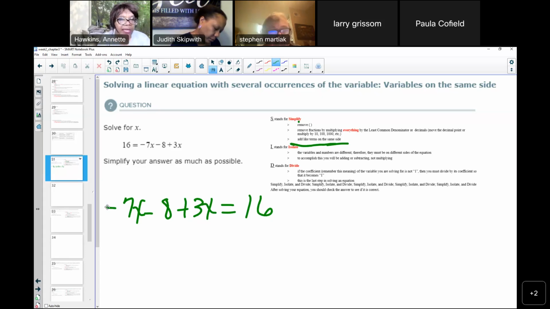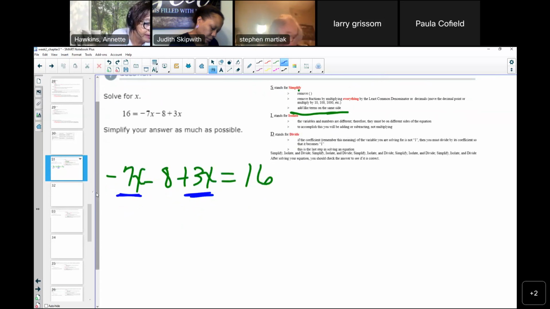Now, we don't have any parentheses. We don't have any fractions or decimals, but we do have like terms on the same side. See, this is a like term and that's a like term. So we need to combine those. I'm going to move them together.